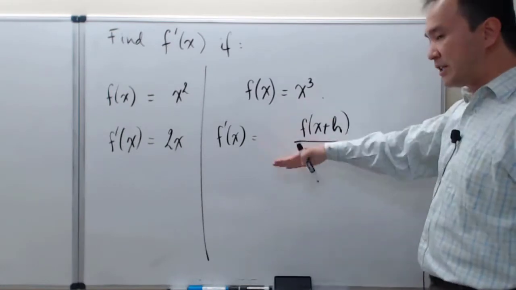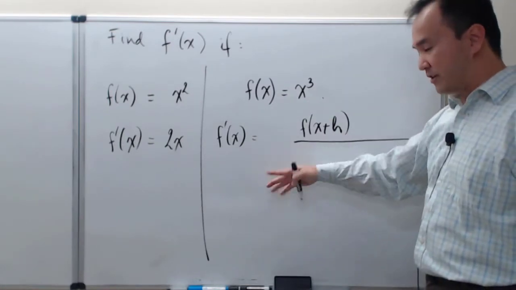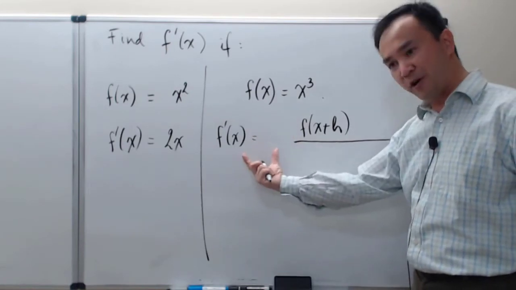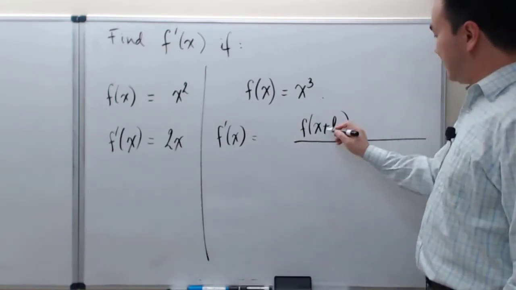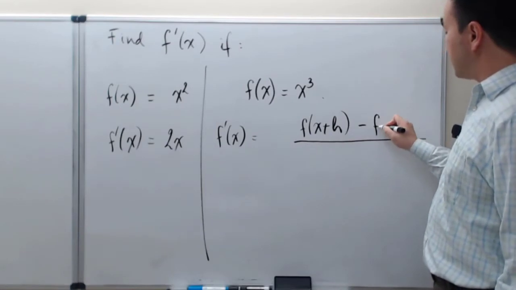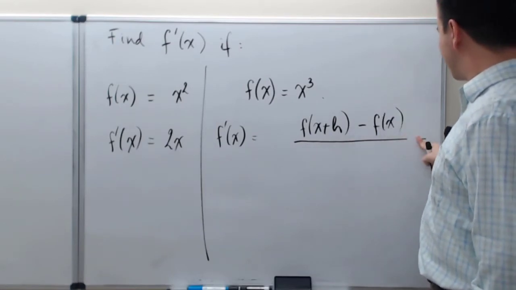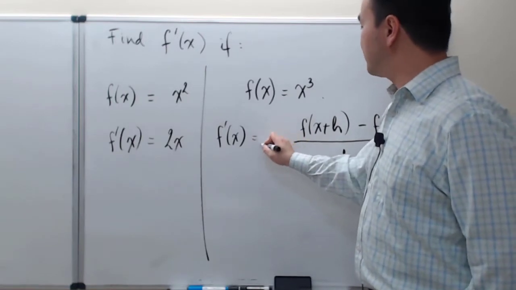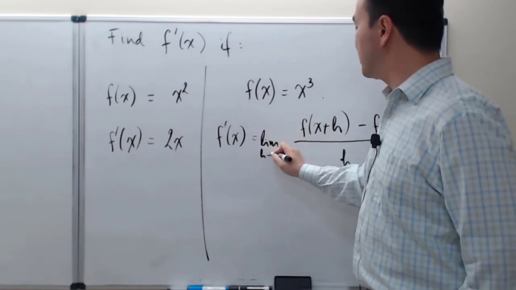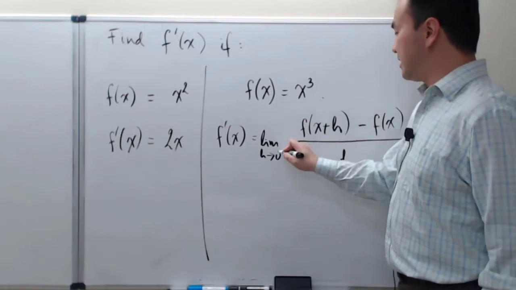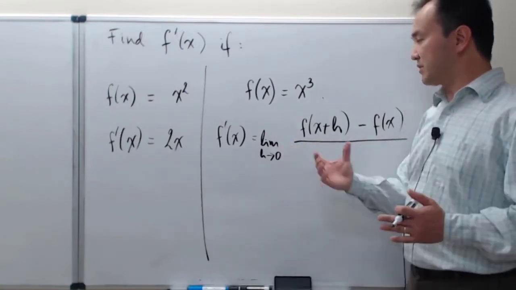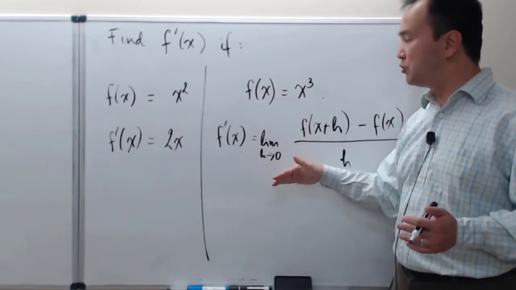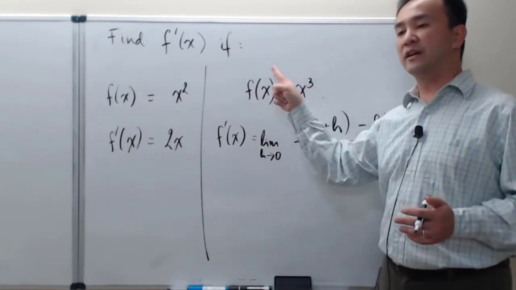So I am going back to what I call zero ground, the very original starting point of finding any derivative: f of x plus h minus f of x, divided by h, and we take the limit as h goes to 0. It's highly recommended that viewers follow this step, as I do it to discover the derivative of x cubed.